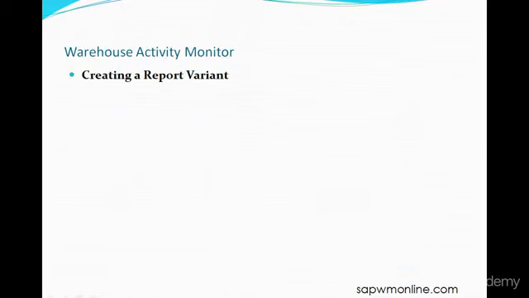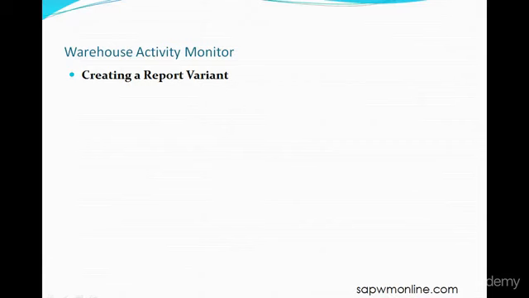Now let us see how to create a report variant. So basically, to see the status of the warehouse activities, when we run the warehouse activity monitor in LL01, you would see the status of all the different objects that have been pending or have become critical based on our config settings.